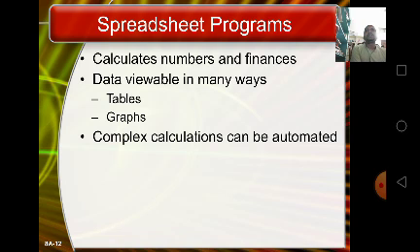An empty worksheet looks like a grid of rows and columns. The intersection of any column and row is called a cell. You interact with a spreadsheet primarily by entering data into individual cells.